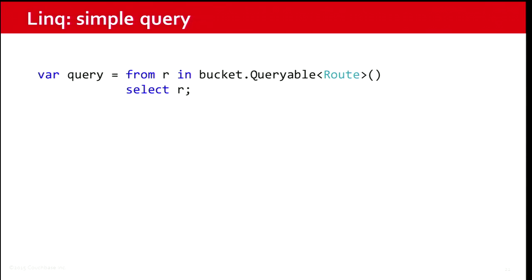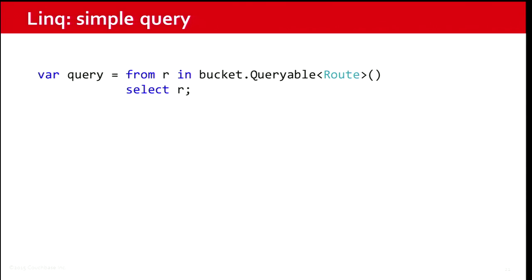Now here's an example of a simple LINQ query. In this case, from r in bucket.Queryable, Route, select r. So the Queryable is the extension that we've added on top of the SDK. What's a little different about this is the bucket itself is going to represent, quite literally, your Couchbase bucket.